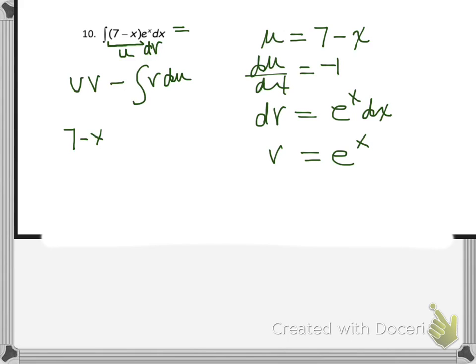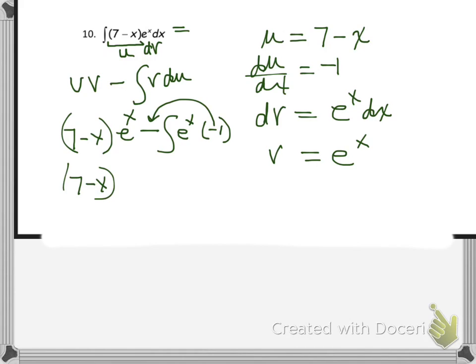That's going to be (7 minus x) times e to the x, minus the integral of v, which is e to the x, and du/dx is a negative 1. That negative 1 is going to flip that sign. So I get (7 minus x) e to the x plus the integral of e to the x, which is just e to the x. So I'm going to get (7 minus x) e to the x plus e to the x.